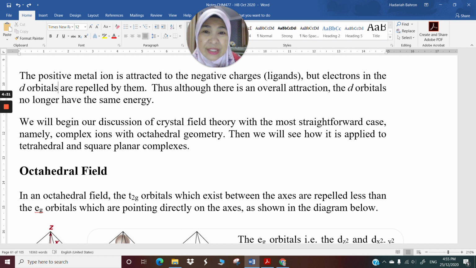So the electrons in these metal ions are repelled by the electrons of the ligands. The repulsion between the electrons in the metal ion and the electrons in the ligand creates a change in the energy level of each of the orbitals. Thus, although there is an overall attraction, the d orbitals no longer have the same energy level.